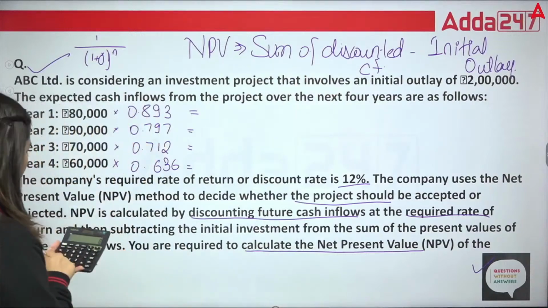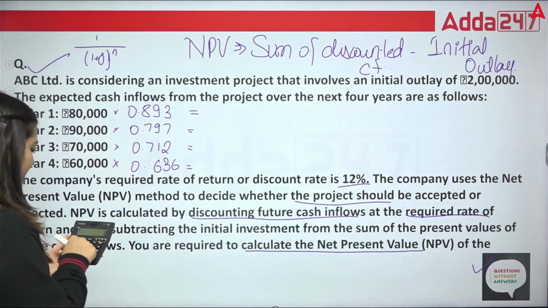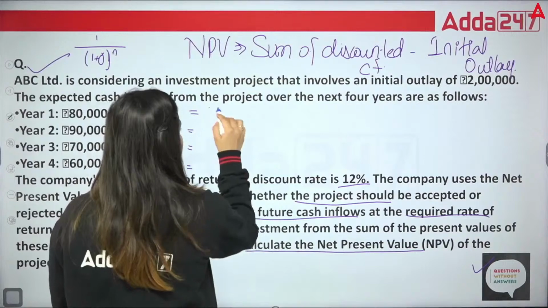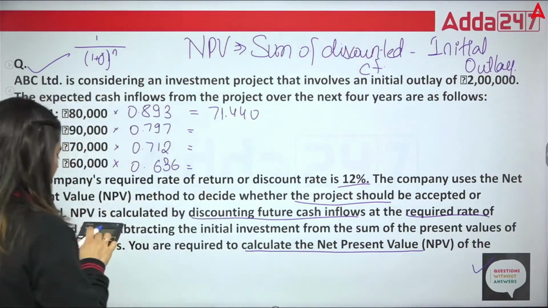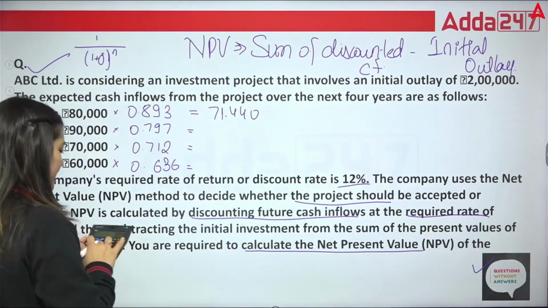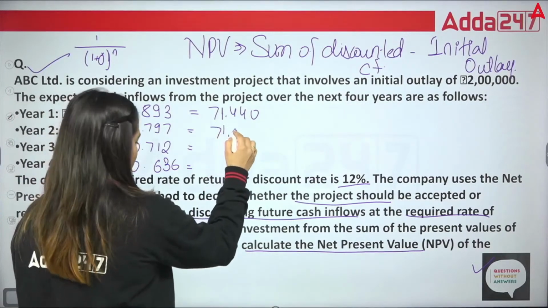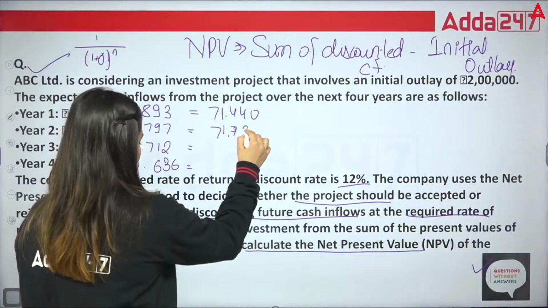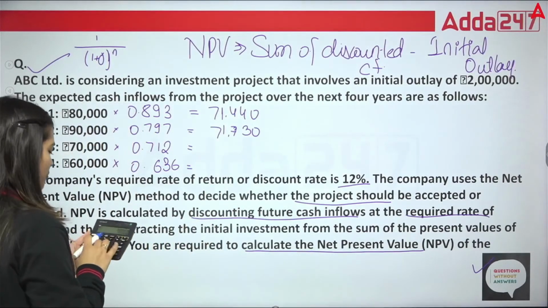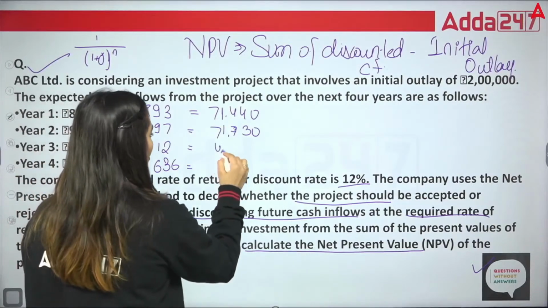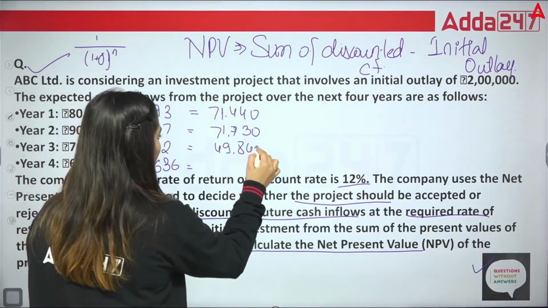So in this, what we are going to do? 80,000 into 0.893, that is 71,440. Next is 90,000 into 0.797, that is 71,730. For the next year, 70,000 into 0.712, that is 49,840.